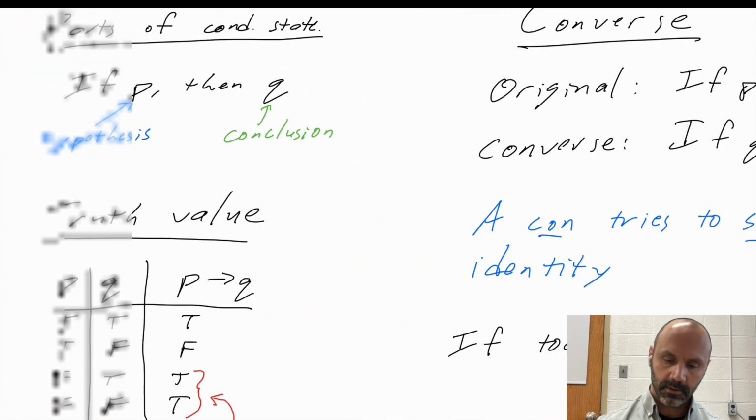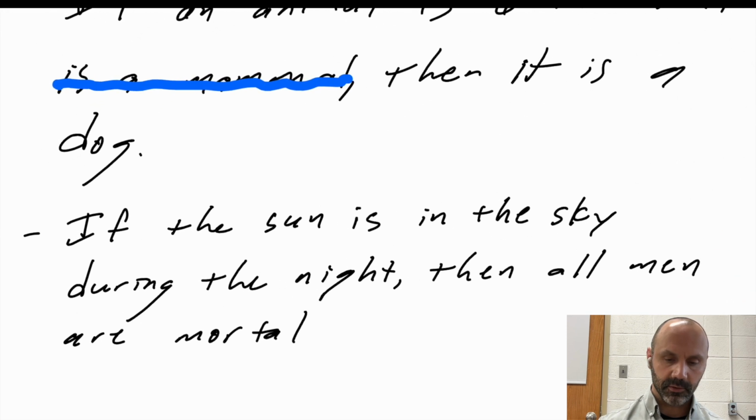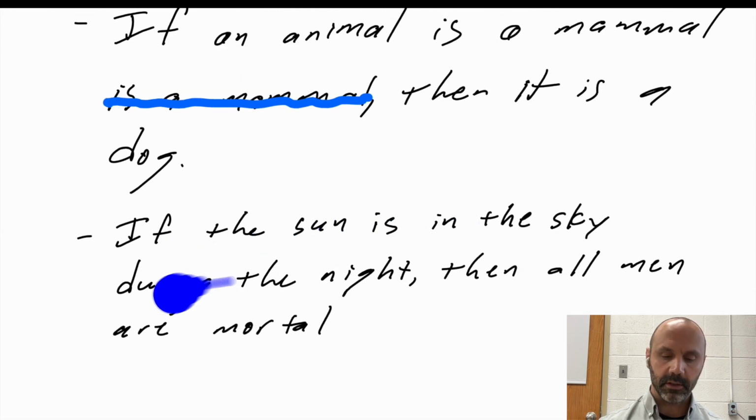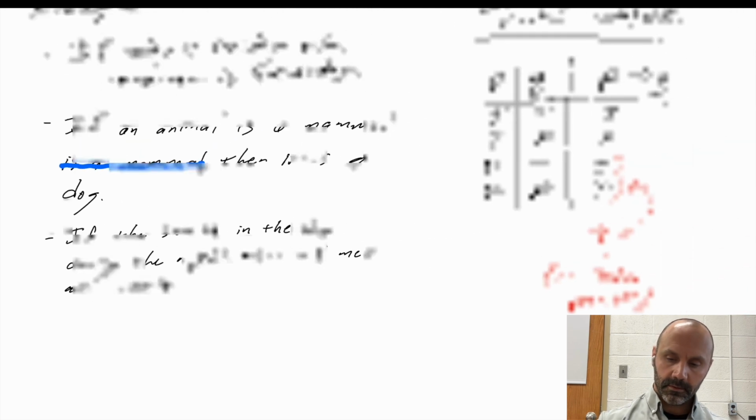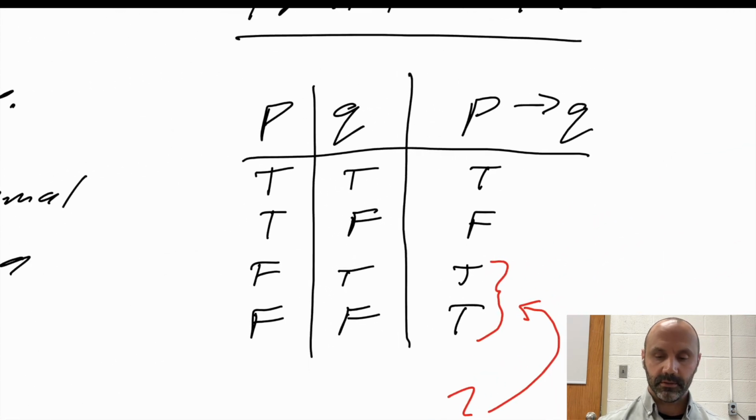This would be an example like this one: if the sun is in the sky during the night, that's false. So there's no promise that's ever made, because the way we started off doesn't make any sense. Then all men are mortal. It doesn't matter if this conclusion is true or false, because the hypothesis was false, so there's no promise made. So there doesn't need to be any delivery on the promise.